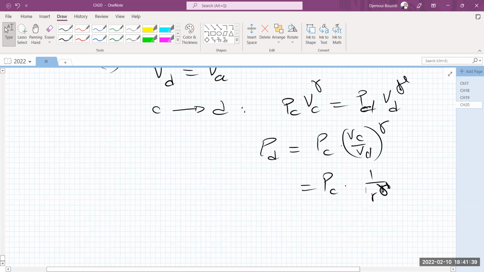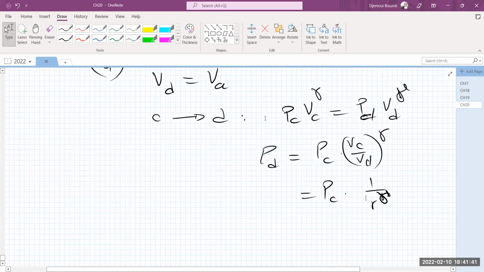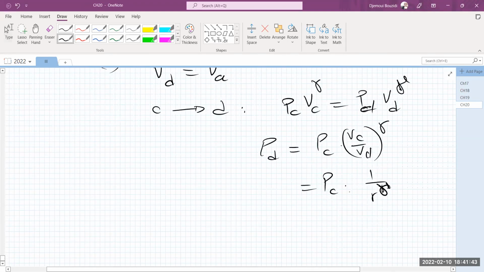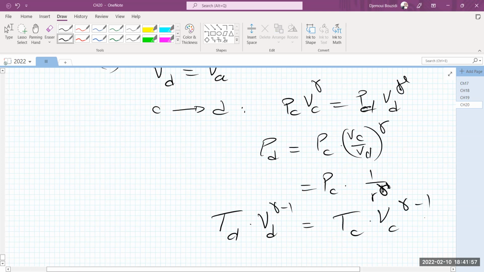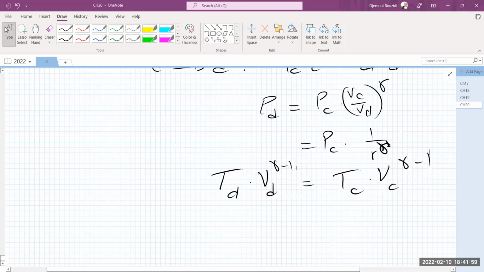Now, having said that, we can use the same relationship for the temperature. Remember, TD times VD to the power gamma minus 1 is TC times VC to the power gamma minus 1. Again, we need TD now.